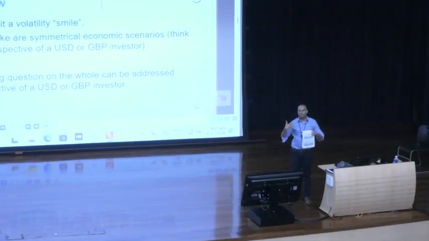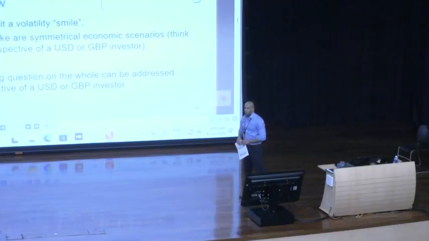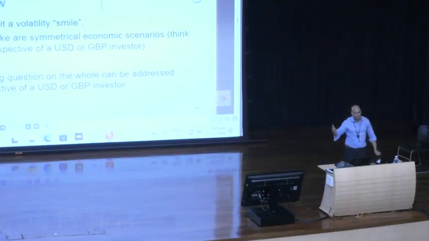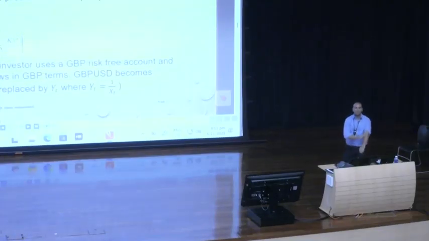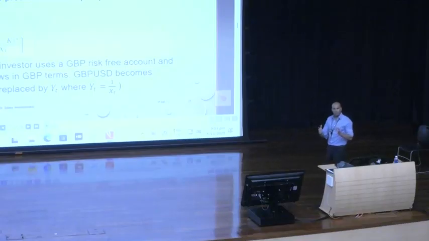What if we are pound investors? Right? What if we are pound investors? And we're talking about an option, but from the perspective of the pound investor. Everything should still be valid. Right? Everything should still work.